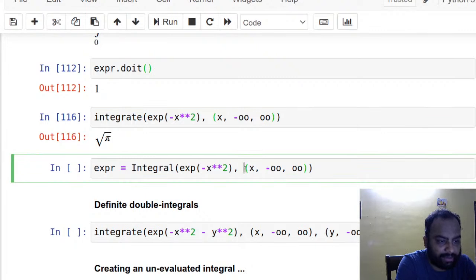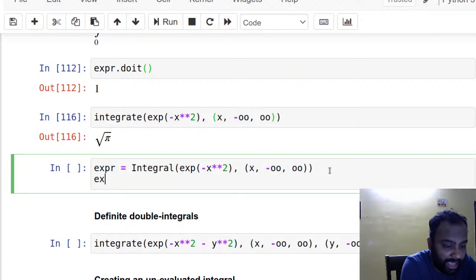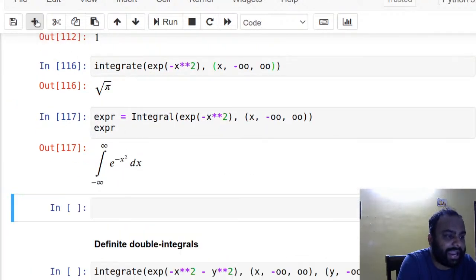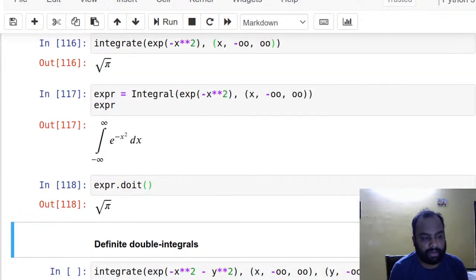We're not calculating the antiderivative here. So we are integrating with respect to x when x varies from negative infinity to positive infinity. If I print the expression, it becomes just like that. And at any point I can calculate the integration by calling the method do it on top of it, just like that. So I think this is understandable.